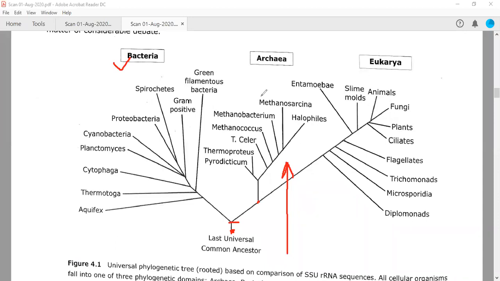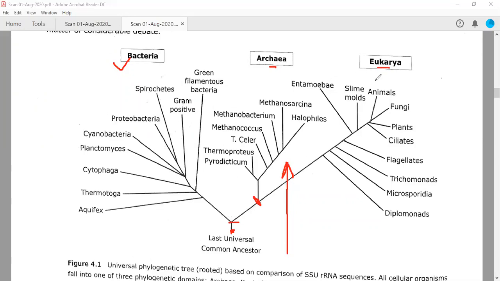So archaea went this route, and eukaryotes further evolved and gave rise to entamoeba, slime molds, animals, fungi, plants, ciliates, flagellates, trichomonads, diplomonads, and microsporidia. So these different eukaryotes evolved from this particular line, and now you can understand that archaea and eukaryotes are more related to each other compared with the bacteria, because bacteria are completely different. They diverged earlier in the evolutionary period.